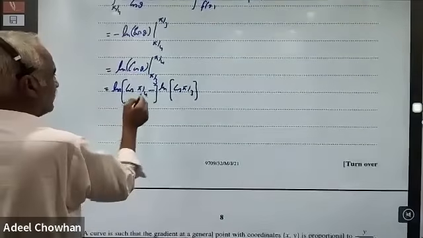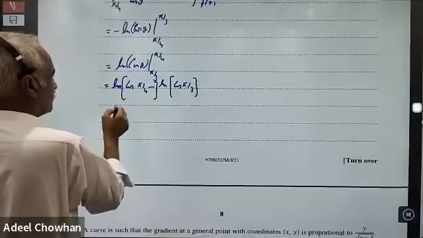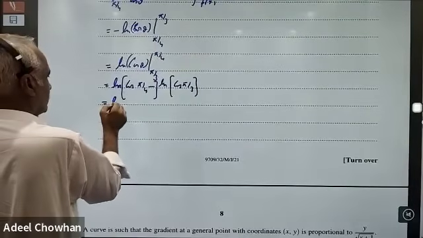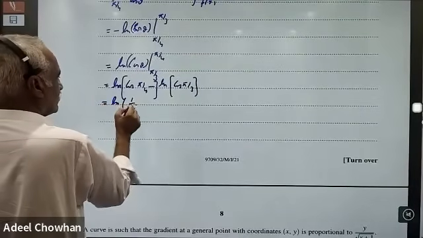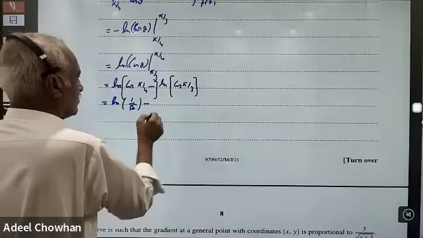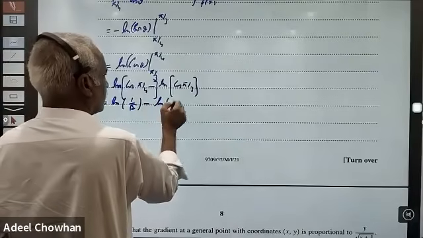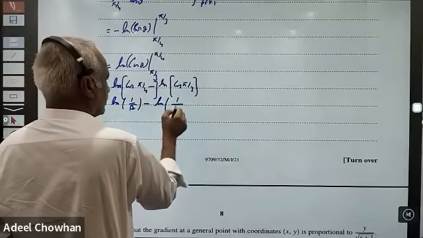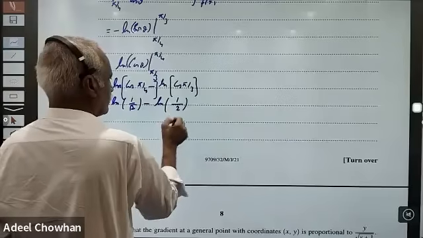So cos of pi by 4 is 1 over root 2, minus log of cos of pi by 3, which is 1 over 2.